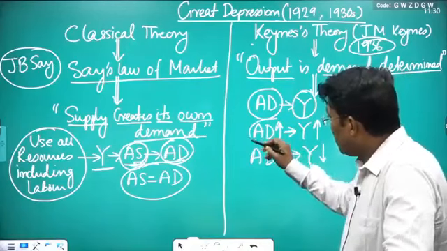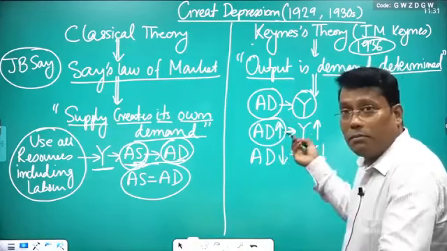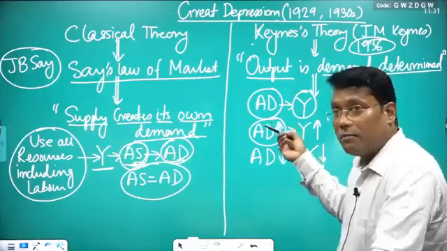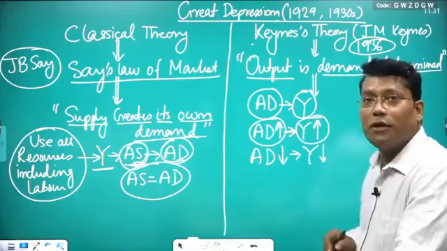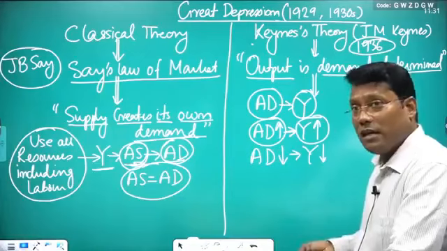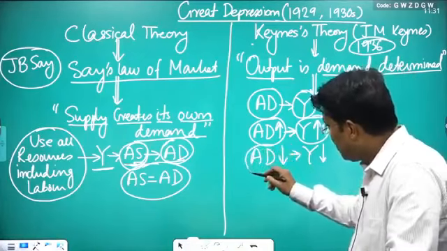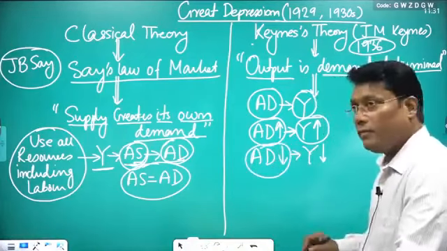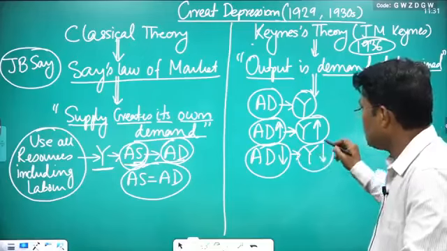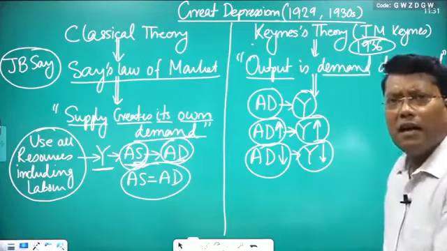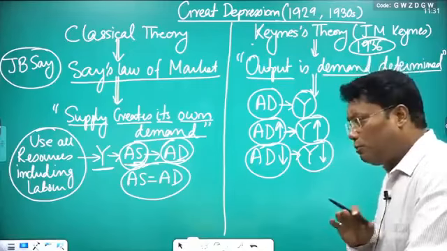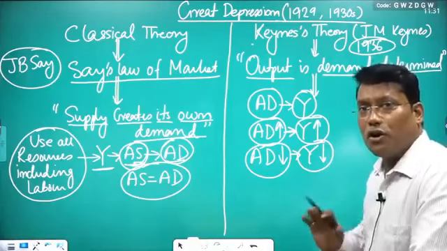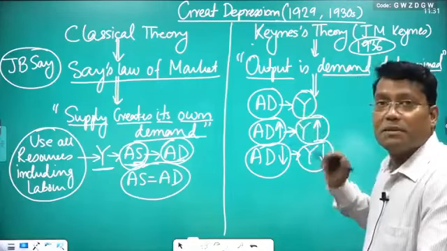At any moment, if aggregate demand is going up, then definitely the level of output will go up. Economy will produce more output. And if aggregate demand starts decreasing, then the level of production will decrease. Simple, in one line. And today, the whole world and all producing units, all economies work on this principle.